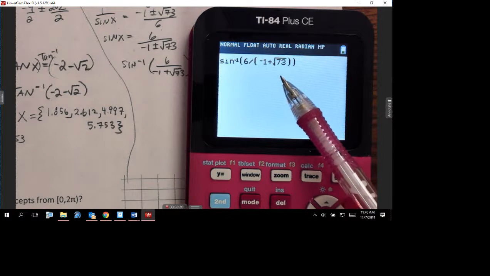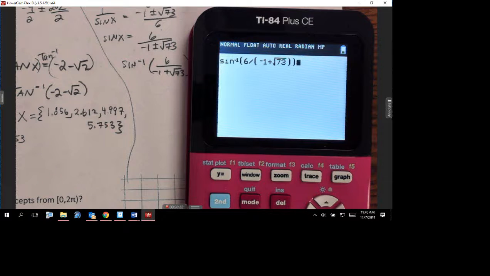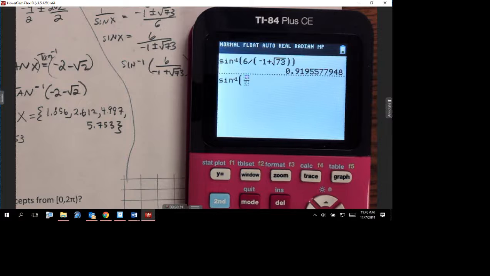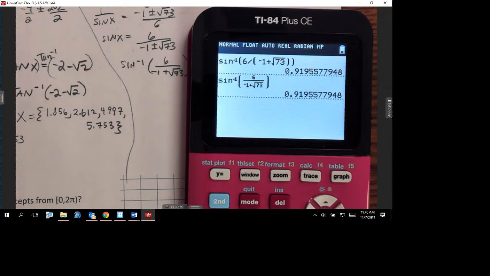If you have the older calculator, you need those extra parentheses in there. If you have the newer calculator, then you could just do the fraction button. And we get 0.920.